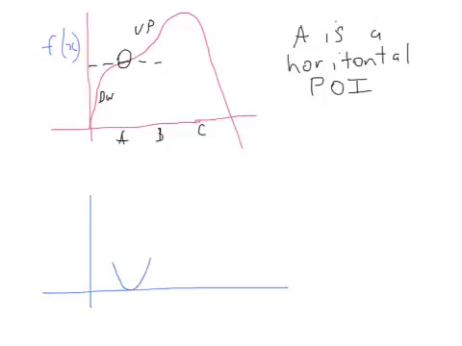And then B is just a normal point of inflection, so that's going to be a turn, something like this. And then this here, C, is a turning point, which is going to be represented by a root on the gradient function. So that's something like this.